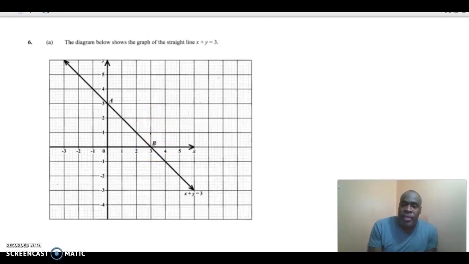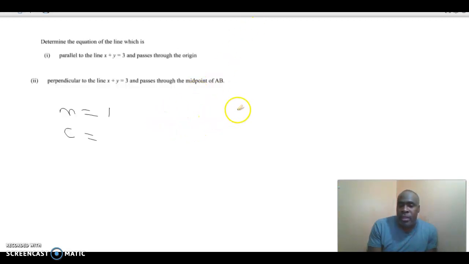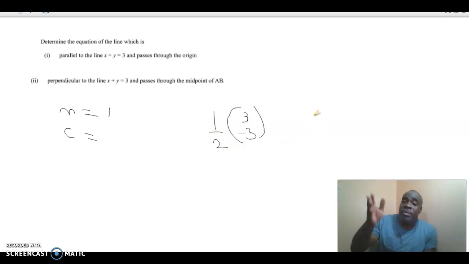So the vector is 3 on the x-axis and -3 on the y-axis. We're going to find half of that vector, which would have taken us to the midpoint of AB. Half of 3 is 1.5 on the x-axis and -1.5 on the y-axis.